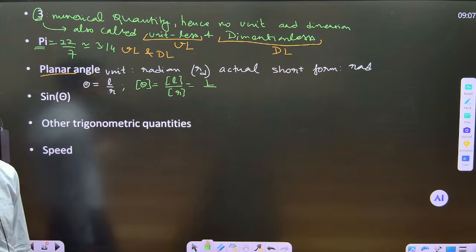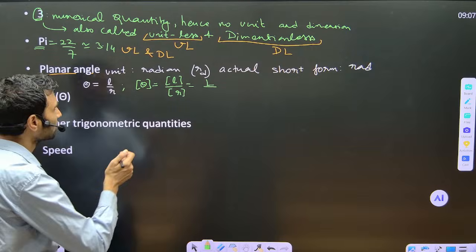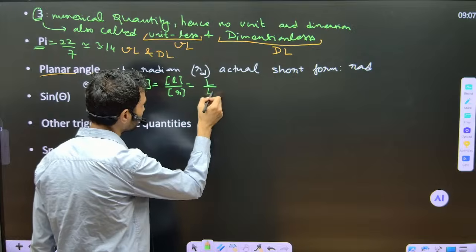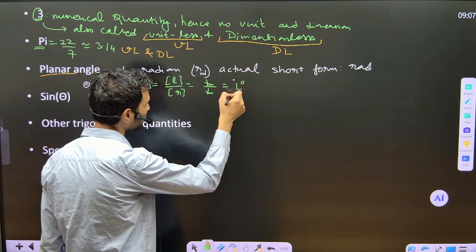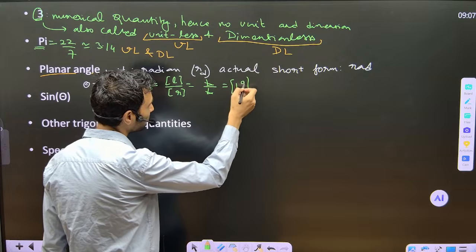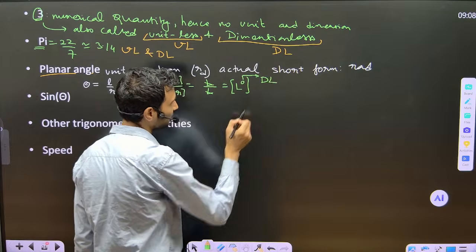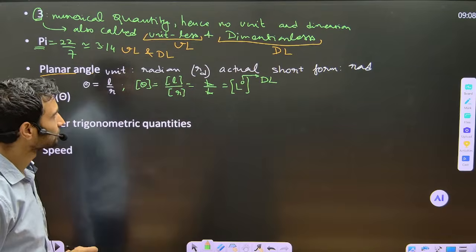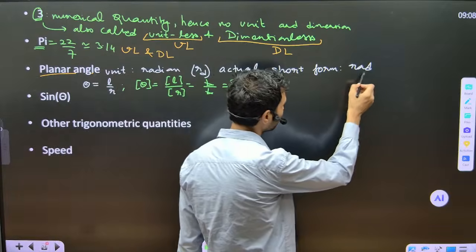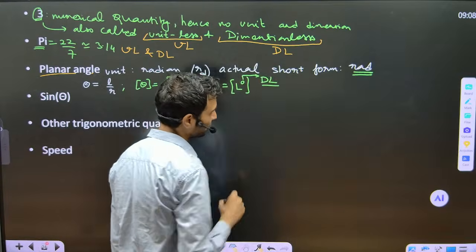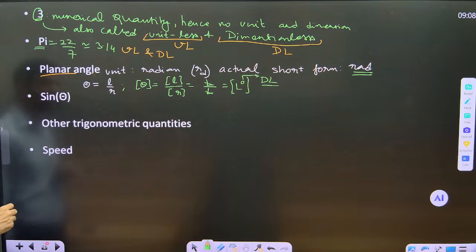See, radius is also a length after all, right? So its dimension will also be L, and L upon L will get cancelled, and you get L to the power 0. So L to the power 0 indicates dimensionless, DL, right? So even though it has units, it is still dimensionless. Got it?